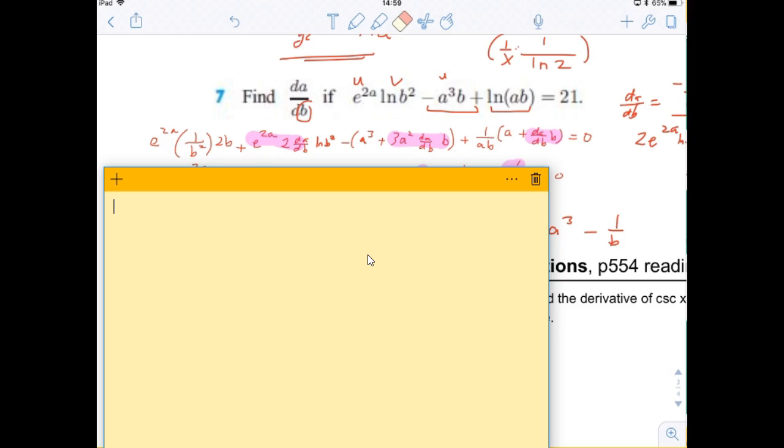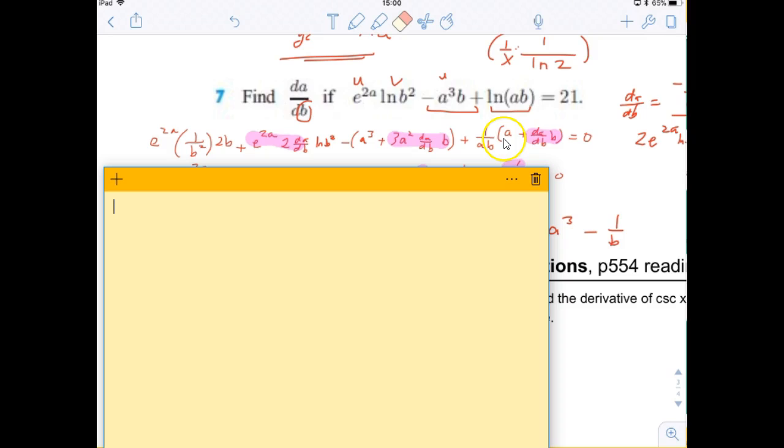Then I put everything with a negative sign around it because there's a negative sign here. Then we take the derivative of natural log of ab. Natural log of something, derivative is 1 over something, so 1 over ab. Then we need to do the chain rule. We need to take the derivative of ab, which is a product of two variable expressions.